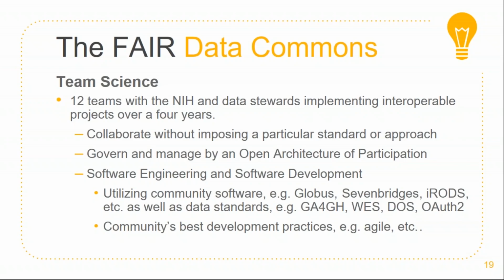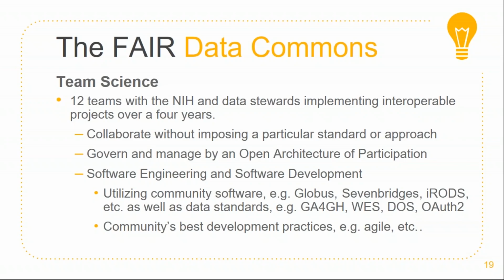But as a team, we have committed to working together under a certain framework. That basically includes collaborating without imposing a particular standard or approach. Software developers have good reasons for doing things differently, and a lot of the work we're doing is experimental, so we need to try things different ways. Some of it may not work, and as a team we've been very open about accepting that.